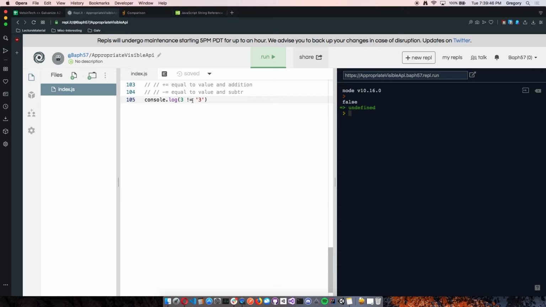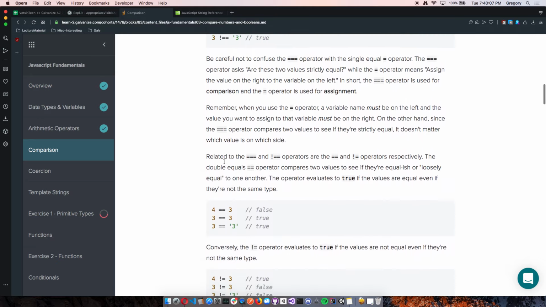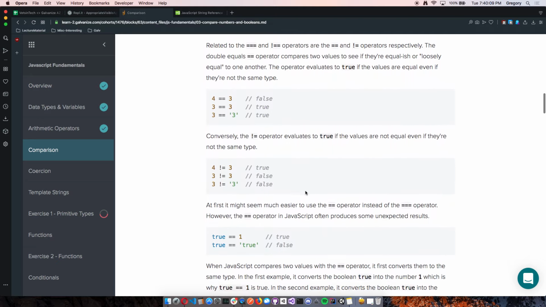So I remove that data type check by only having the 1. This is true. It does not equal the string 3, but this is false because 3's value is equal to the value of 3, regardless of whether it's in a string or not. So I just wanted to show you that you don't always need those 2 if you're having problems with data types. Right here.